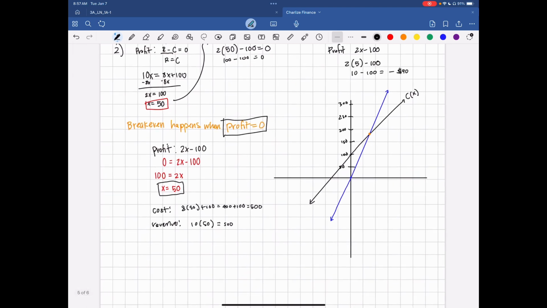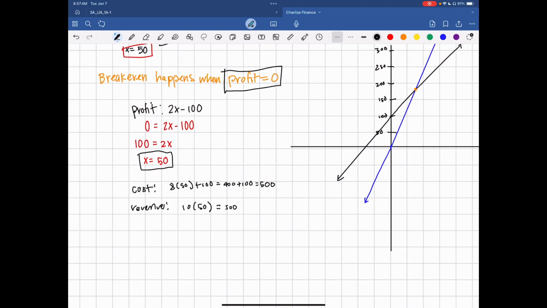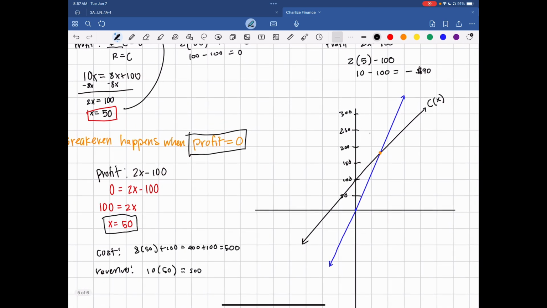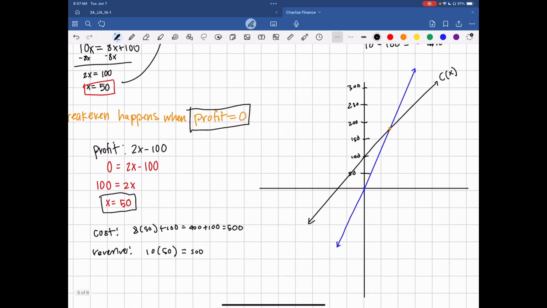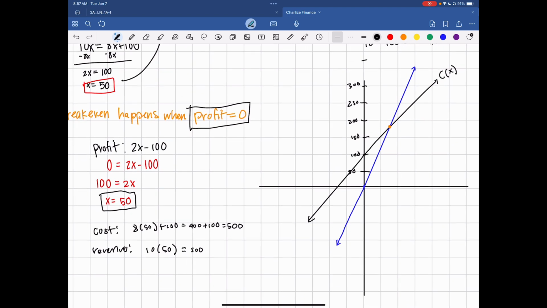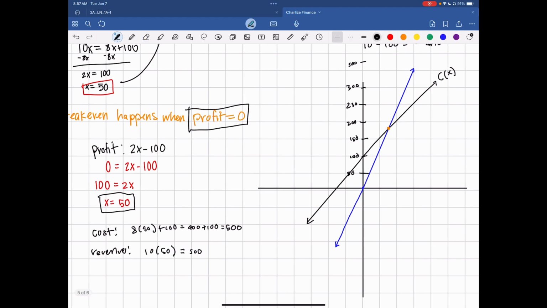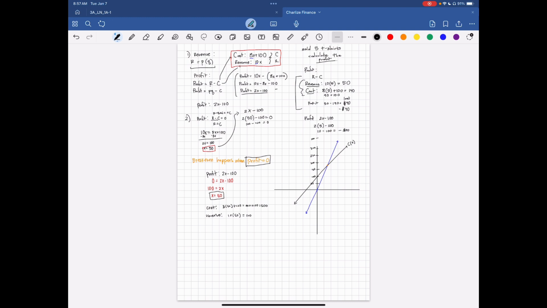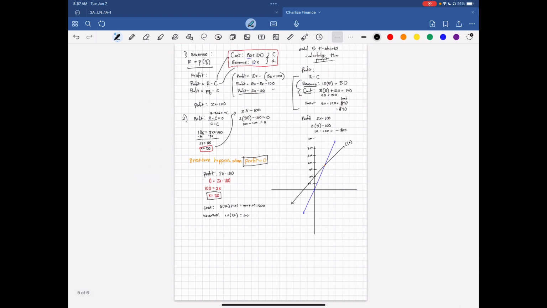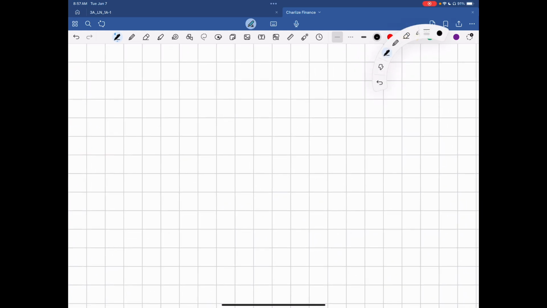And now I'm learning that this graph is not at all accurate, because 500 would be more like here, and their intersection would be more here. But the graph doesn't have to be that accurate, because you are not asked to make a graph either. But yeah, okay. Finally, number 4.